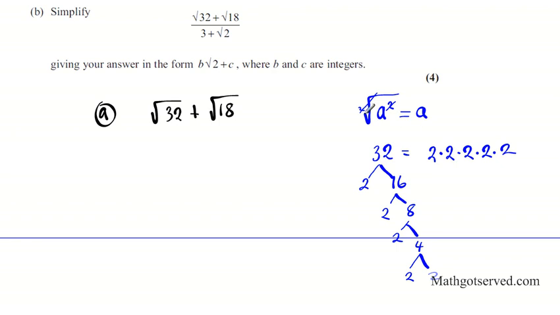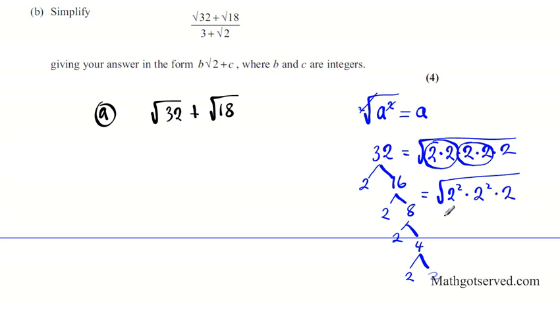Okay, since we're dealing with square roots, I'm going to just group the squares, okay? We're taking the square root of this whole expression, so I'm going to take these first two as a square, the second two as a square, and that one stays alone, okay? So this expression becomes the square root of 2 squared, the first 2, times 2 squared, the second 2, times 2.